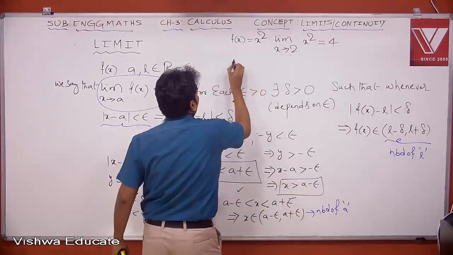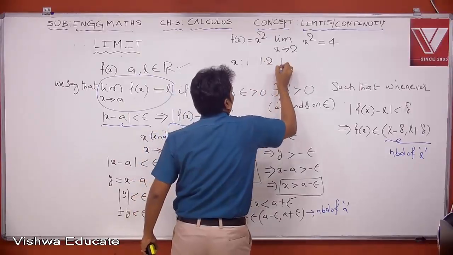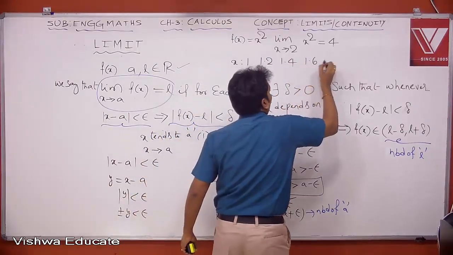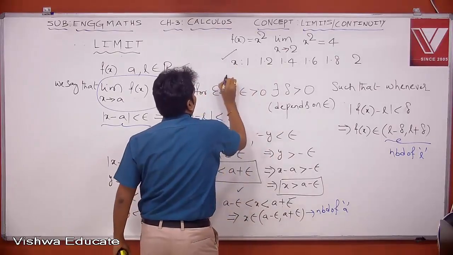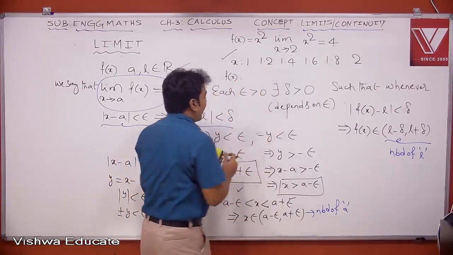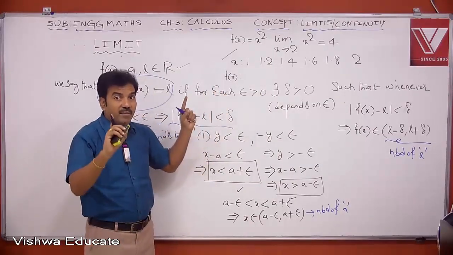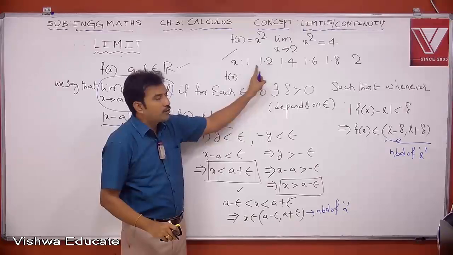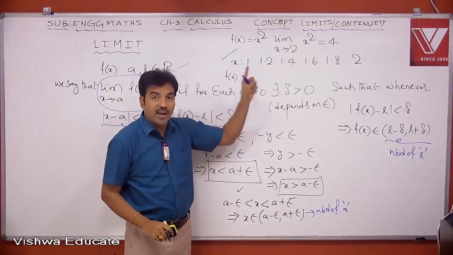Let us have a tabular representation. Suppose x values are like this: 1, 1.2, 1.4, 1.6, 1.8. These are my x values, and the corresponding functional values are like this. See how I selected these values. This is my own choice. There is no logic, but I maintained one point, that is epsilon equal to 0.2. I maintained a distance of 0.2 for every consecutive real numbers.